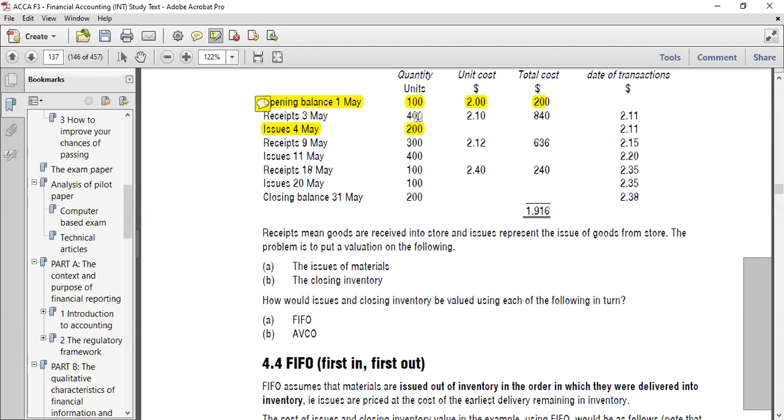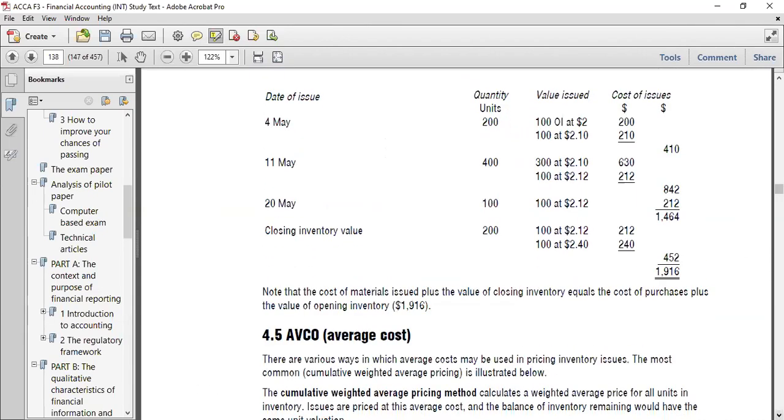So we shall have 300 valued at 2.10, and then the balance to make this 400 will come from this. Since this is an issue of 400, the next 100 will be at 2.12. That is exactly what they were trying to do here. The 300 was at 2.10, and only the 100 was at this level.